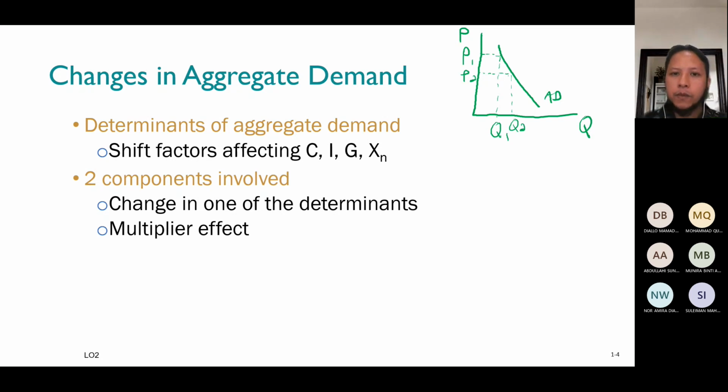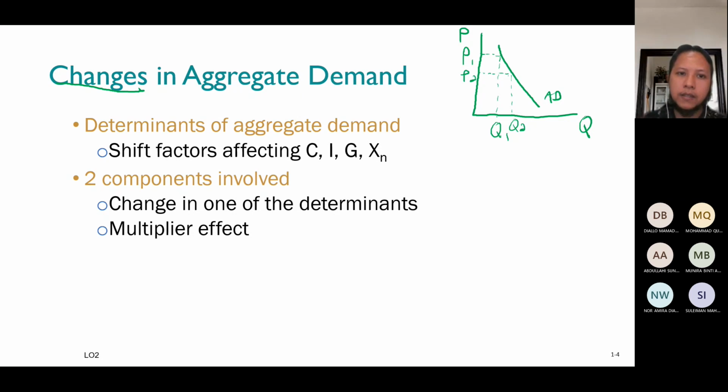But basically, there will be changes in aggregate demand, and this depends on several factors. Okay, and these factors are basically represented by this abbreviation, these short forms.